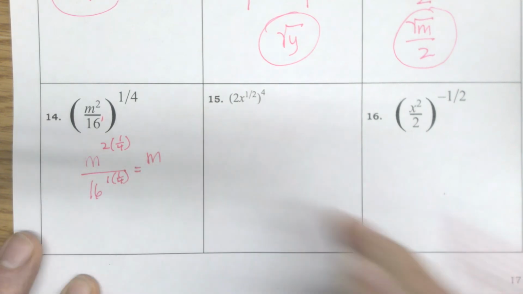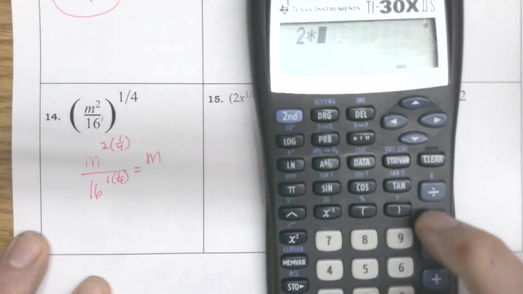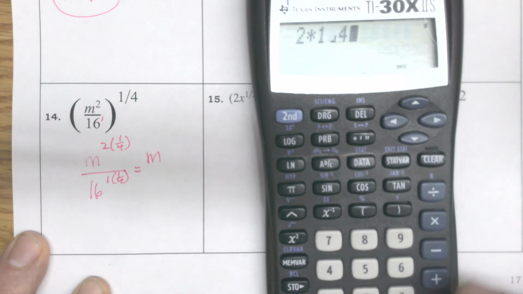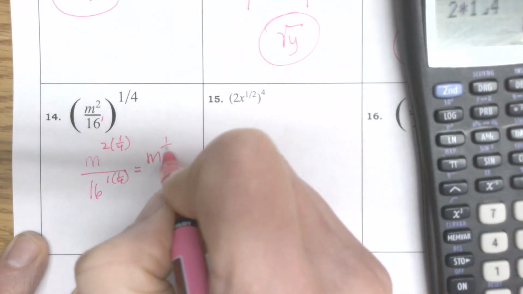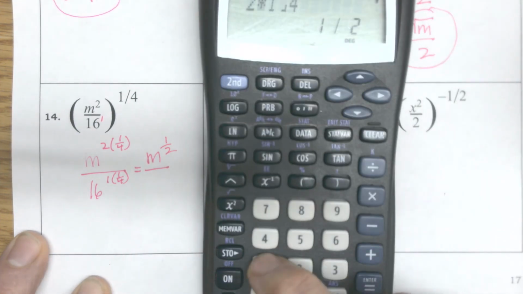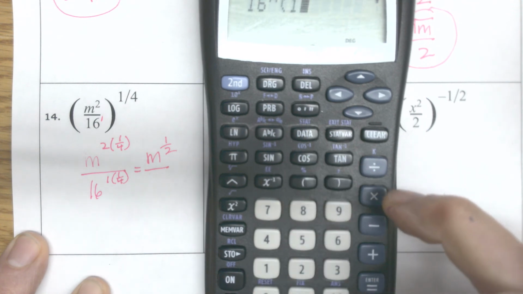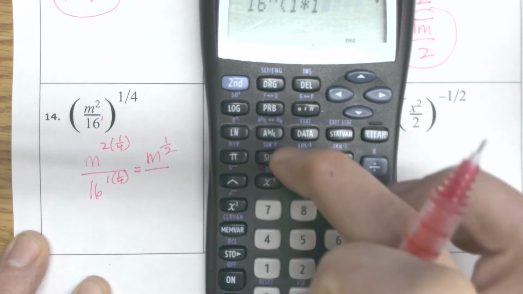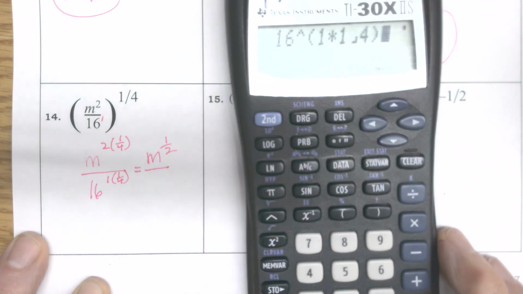So that's m, again, if you can do that in your head, great. 2 times 1/4 gives me 1/2, so that's m to the 1/2 over, I'm going to just raise that right there, 16 raised to the 1 times 1/4 power.